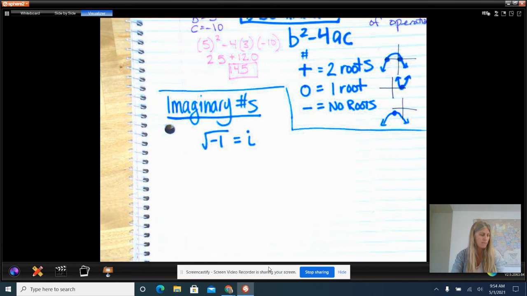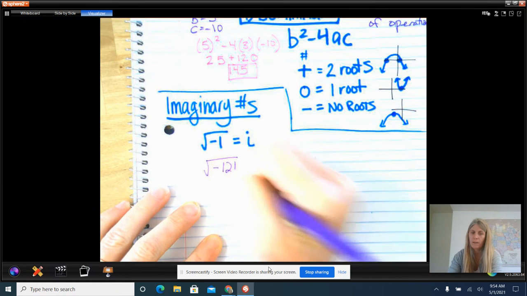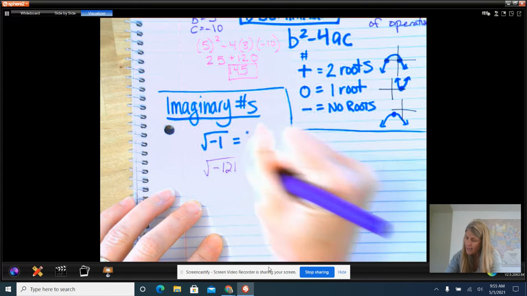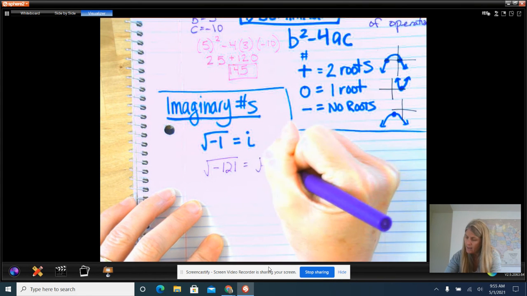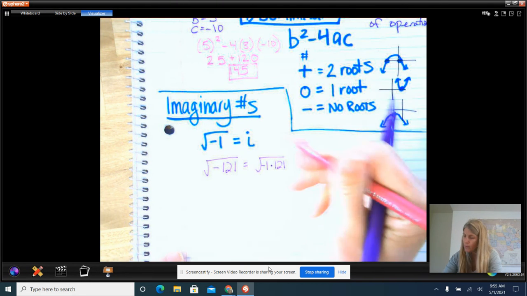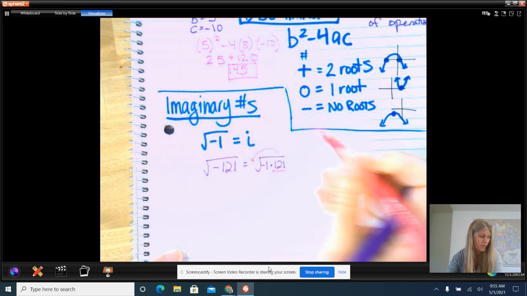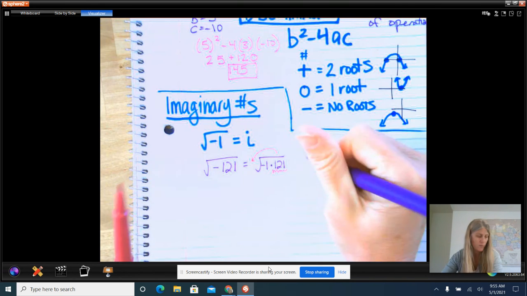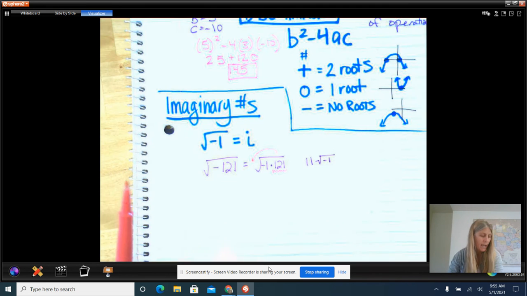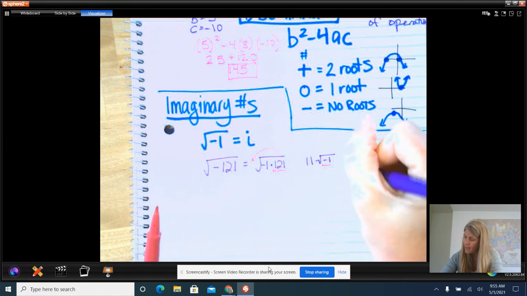So if I have the square root of -121, once again in my calculator it gives me an error. But I'm going to rewrite that as -1 times 121. Then we have the square root of 121, which we can take out because that's a perfect square. That is going to be 11 times the square root of -1, and we know that the square root of -1 can be written as i.